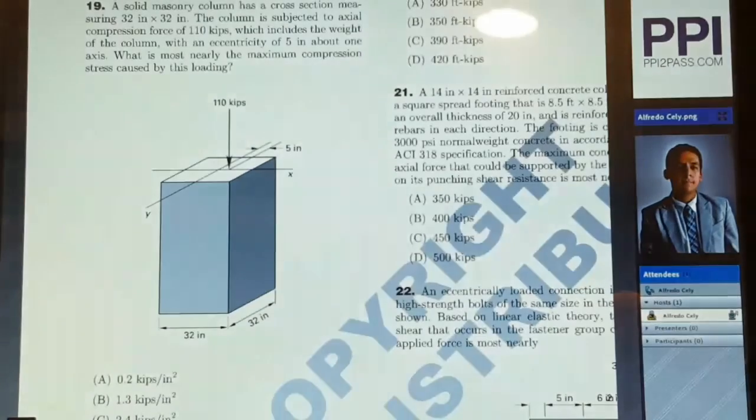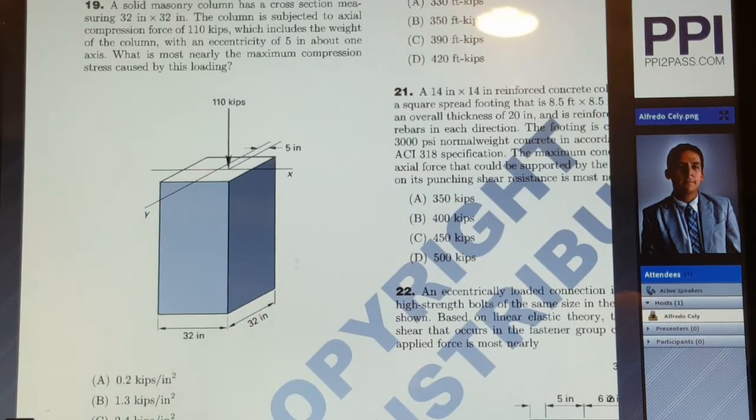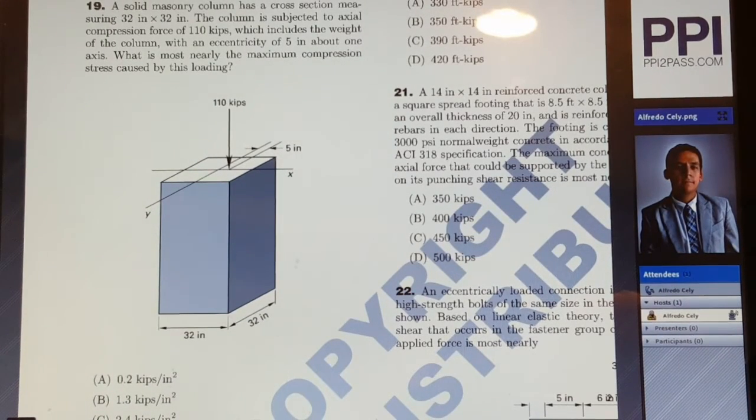Let's look at one more problem when it comes to columns. So here we have an example. This is from the practice exam offered by PPI. A solid masonry column has a cross-section measuring 32 inches by 32 inches. The column is subjected to an axial compression force of 110 kips, which includes the weight of the column, and it has an eccentricity of 5 inches about one axis.